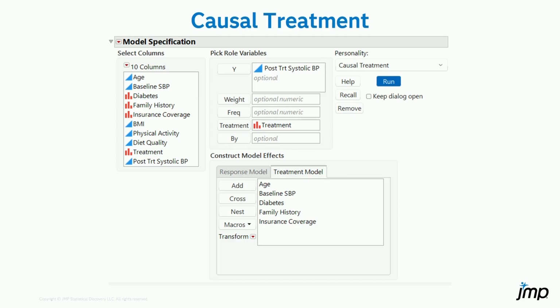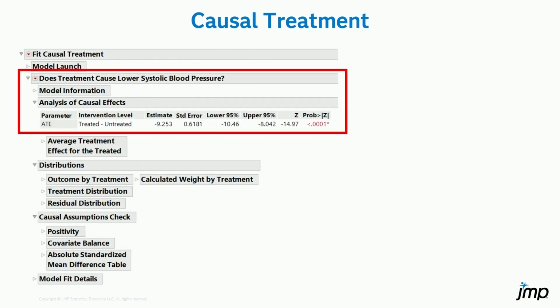So here's a screenshot to launch the causal treatment platform from an observational data set we're going to use to demonstrate if a treatment has an impact on systolic blood pressure after adjusting for other possibly confounding variables. There's a lot of machinery in the background, but your causally adjusted inference is front and center when you launch the platform.